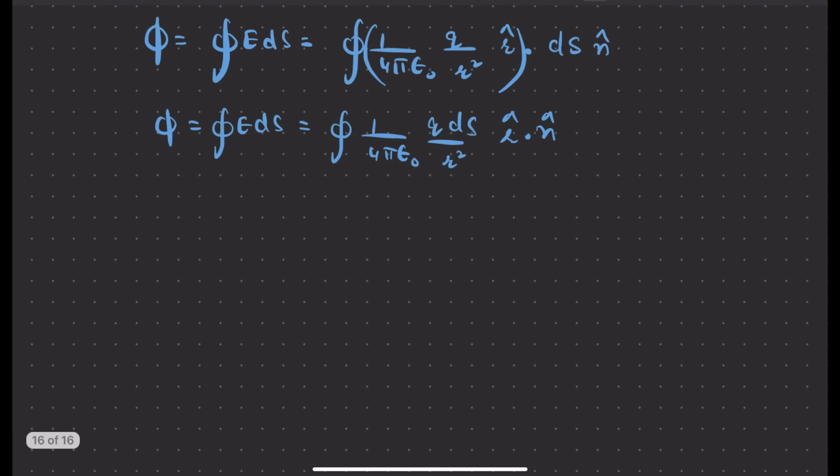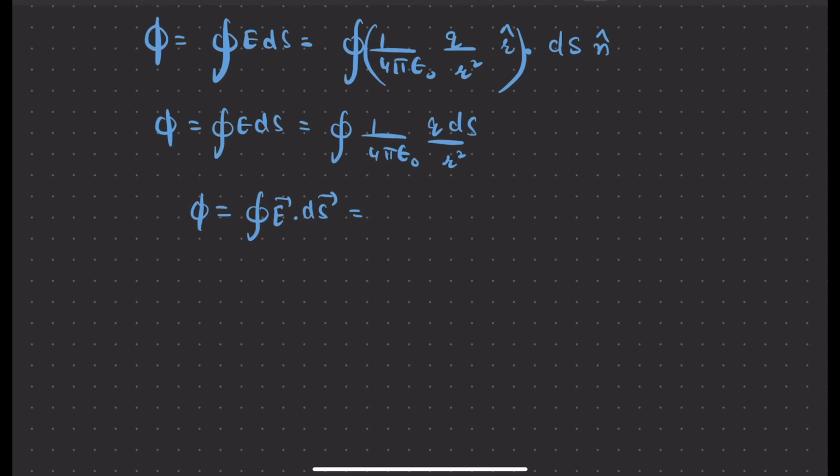Therefore again the angle between r cap and n cap is 0 degrees. Therefore I can write it as 1 cos 0, because n cap is a unit vector, it has magnitude 1, but both are parallel vectors. Therefore theta between them is 0 and cos 0 is 1, and multiplying 1 by anything gives anything.